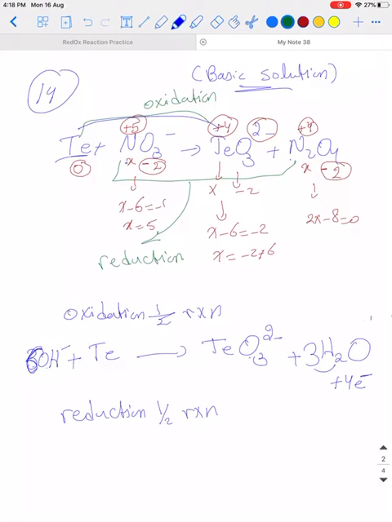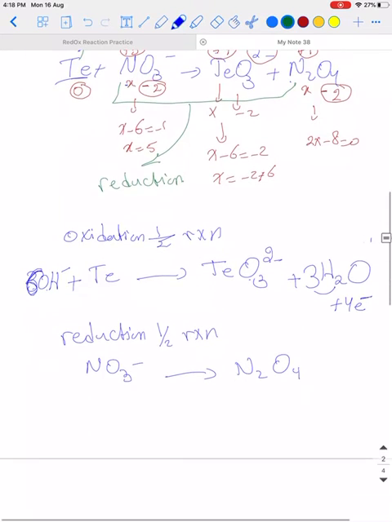Now reduction. Who's involved in the reduction? We have NO3 minus to give N2O4. Again, 2 N, so I multiply this by 2. 6 oxygen and 4, so I add oxygen in the form of OH minus, but the hydrogen is disturbed, so I add water. Okay, hydrogen is now equal.